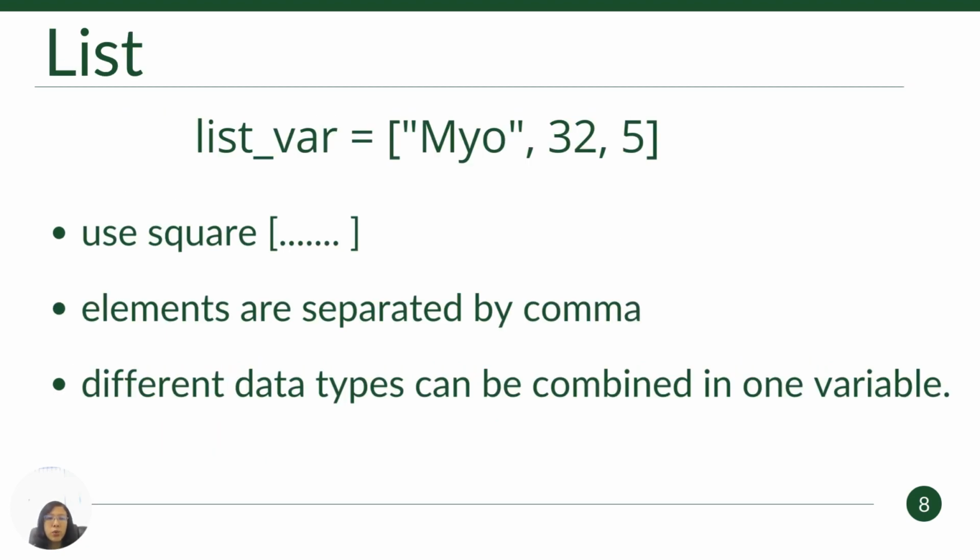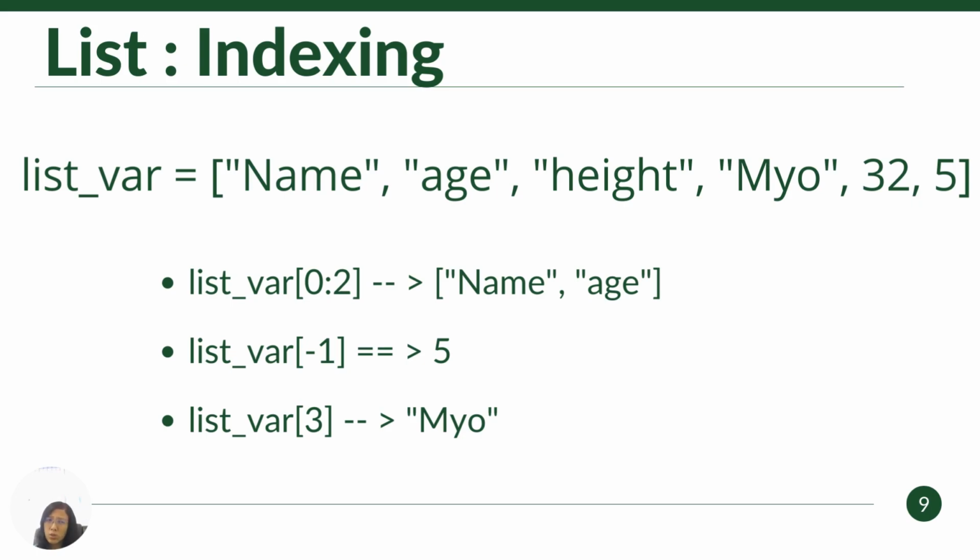Okay, a list is written with square brackets. Like a string or tuple, elements are separated by commas. All right. So the list variable contains three elements. The first one is a string. The second and third are integers. The same way, you can use indexing and index slicing to access elements from the list variable.